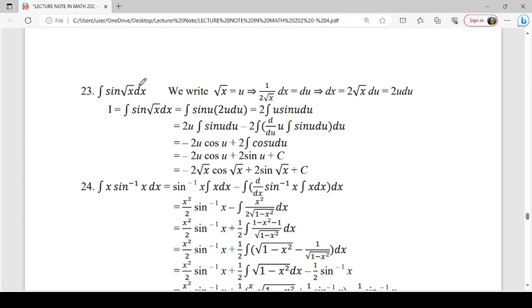Sine of root over x. How are we doing it? See, we substitute root over x, then we get another root over x here.